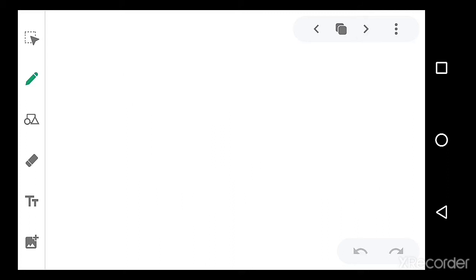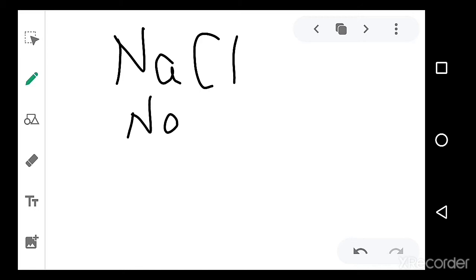One more example, NaCl. Now NaCl means sodium chloride. So sodium and chlorine. The valency for sodium was 1 and valency for chlorine is also 1.